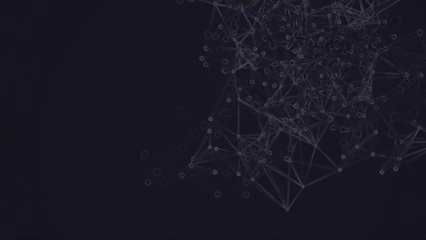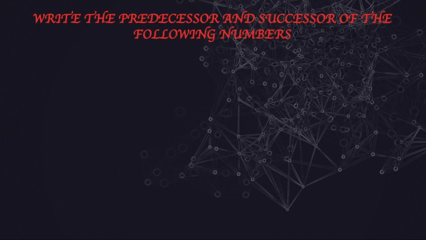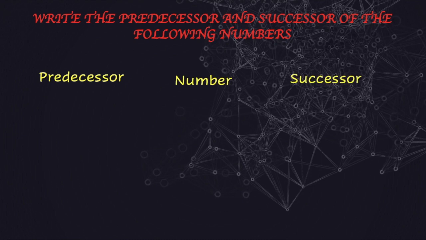Next, write the predecessor and successor of the following numbers. What is predecessor? Predecessor is the number which we write before, and successor is the number which we write after. That is, predecessor is the before number, successor is the after number.